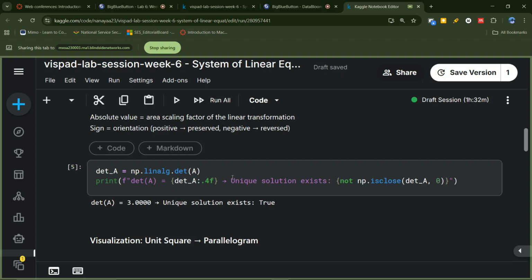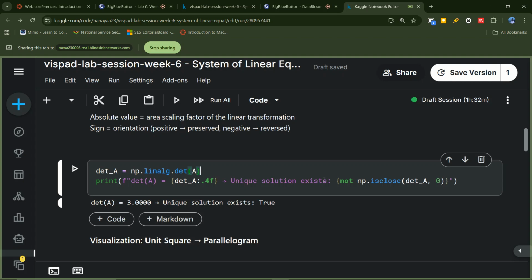So this code, these simple lines we have over here, are very simple. If we were using normal raw Python programming, we'd have a lot to type. But as usual, we have NumPy, which is a Python library, and it helps us make life easier.